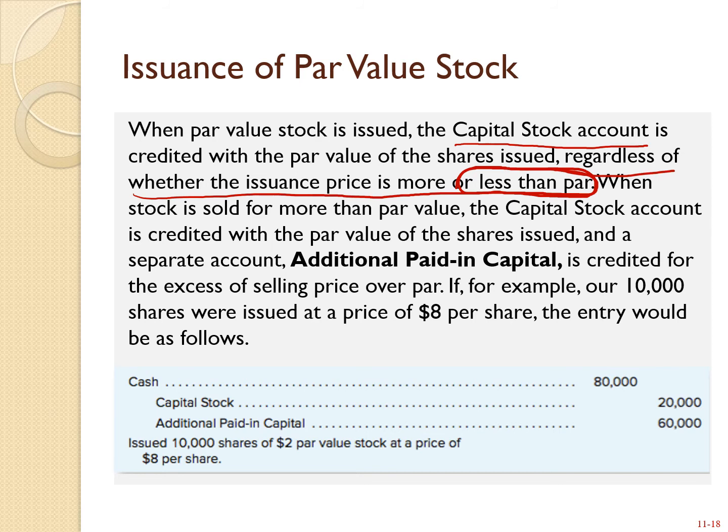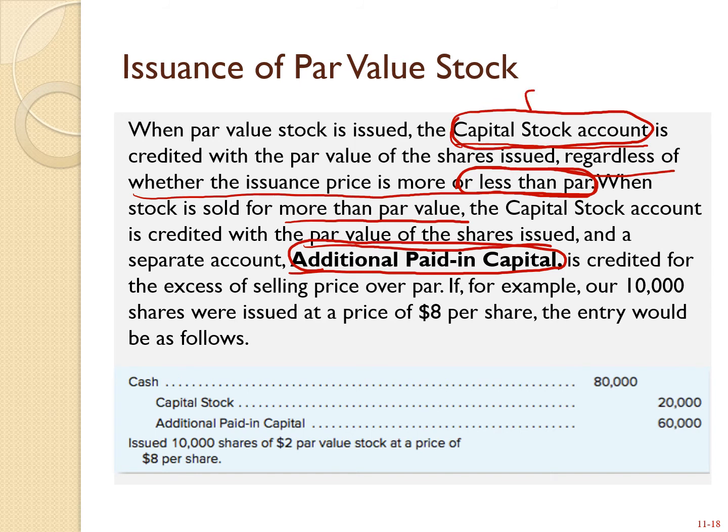When stock is sold for more than par, the capital stock account is credited with the par value of the issue, and this is what I said, and the additional amount on top of the par is called additional paid in capital. So additional paid in capital and capital stock, two accounts for owner's equity.